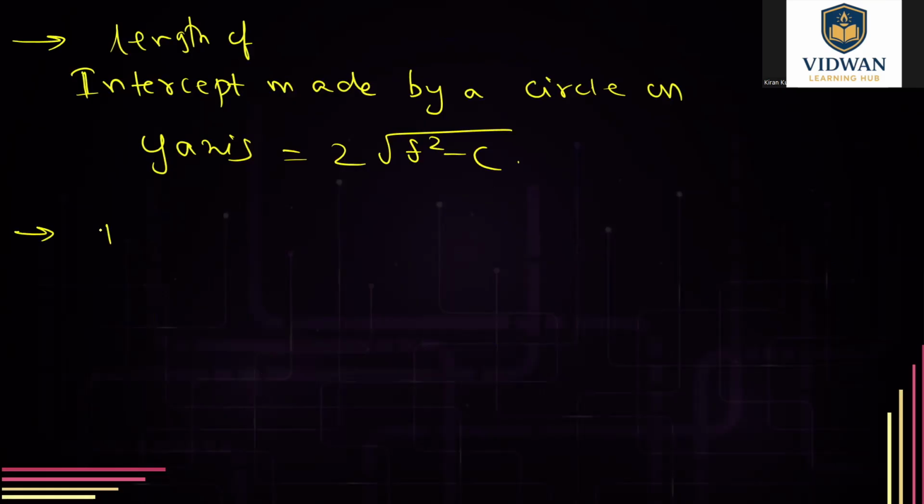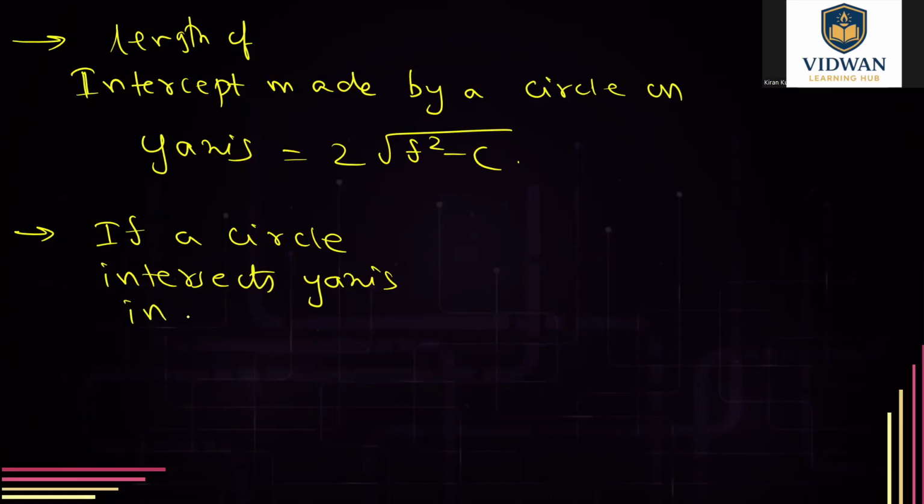And you can say if a circle intersects the y-axis in two distinct points, f square will be greater than c.